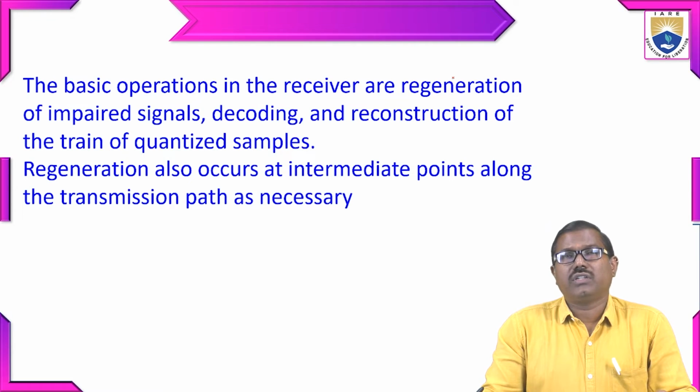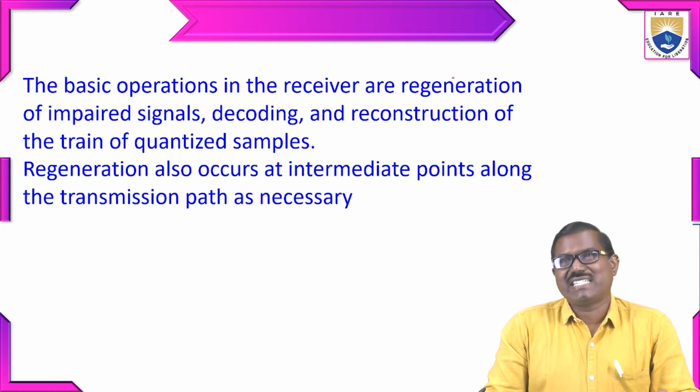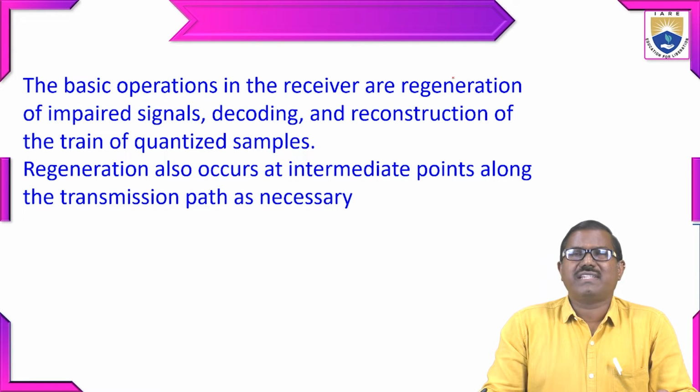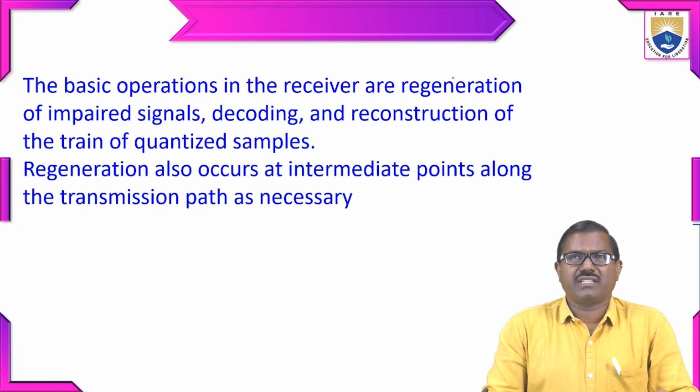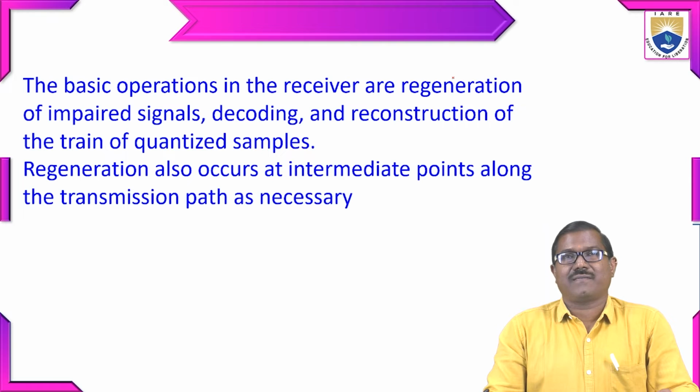And what are the operations in the receiver? The basic operations in the receiver are regeneration of impaired signals, decoding, and reconstruction of the train of quantized samples. Regeneration also occurs at intermediate points along the transmission path as necessary, which is called regenerative repeaters.